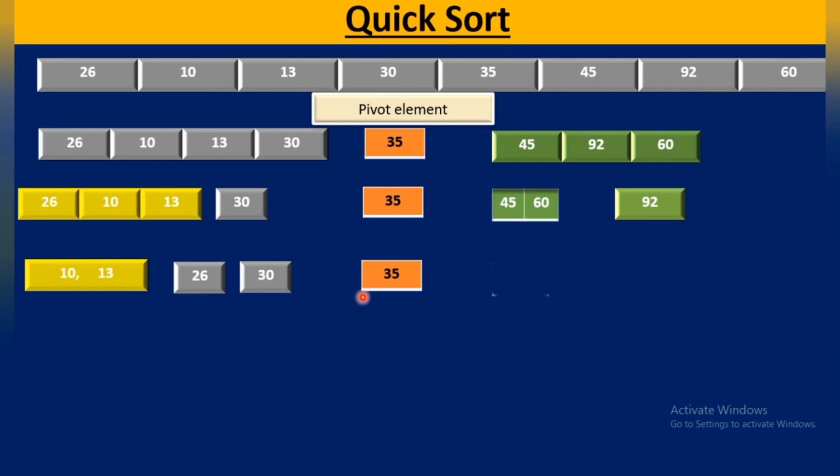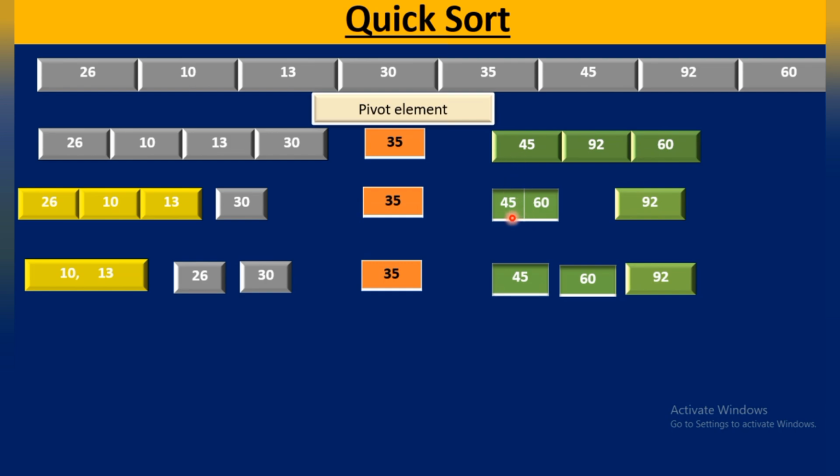Now see the right side. The next bigger element is 60, which is placed in the before position. Now 45 is placed here, so 45, 60 and 92. 92 is placed here. The next removed element is placed before 92, and the next removed element is placed before 45.